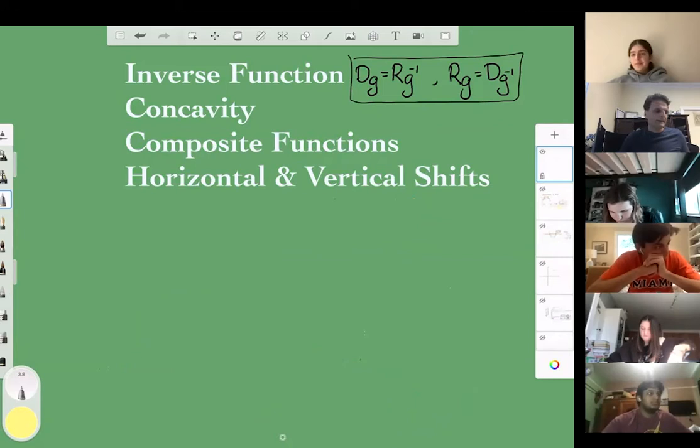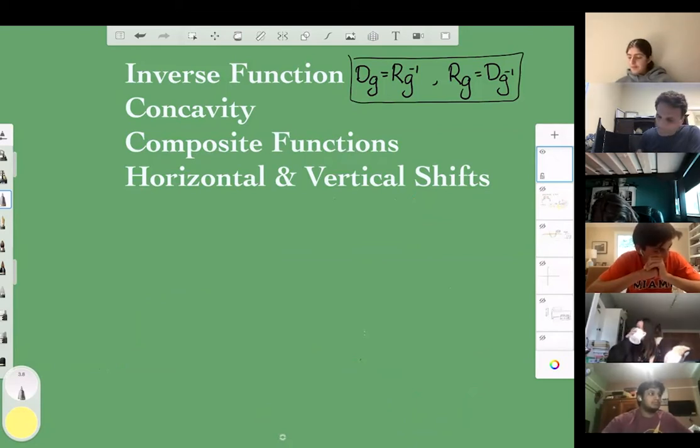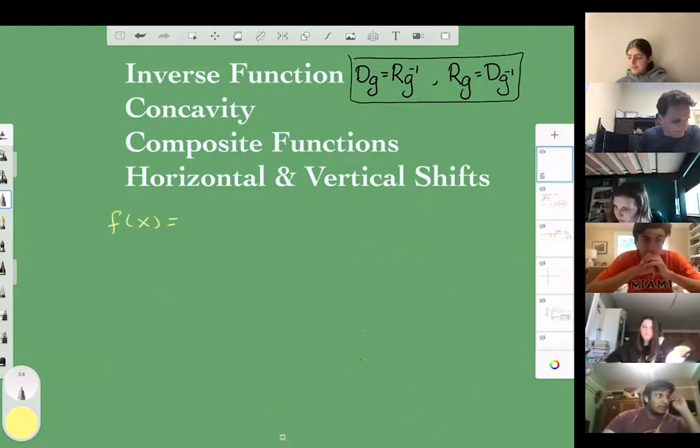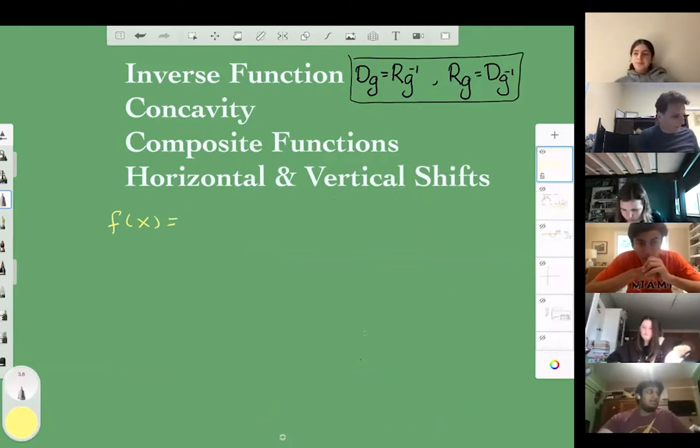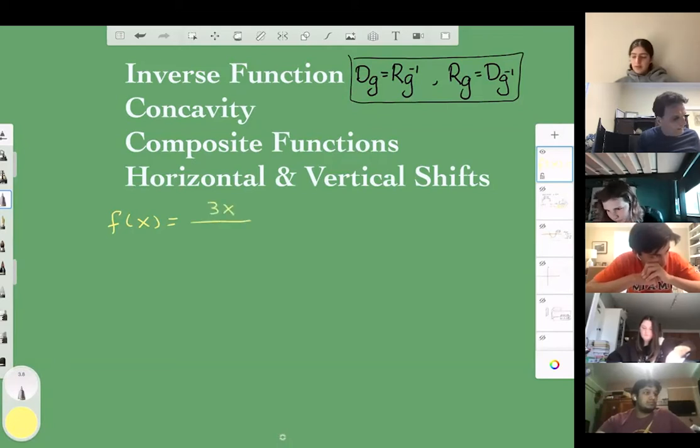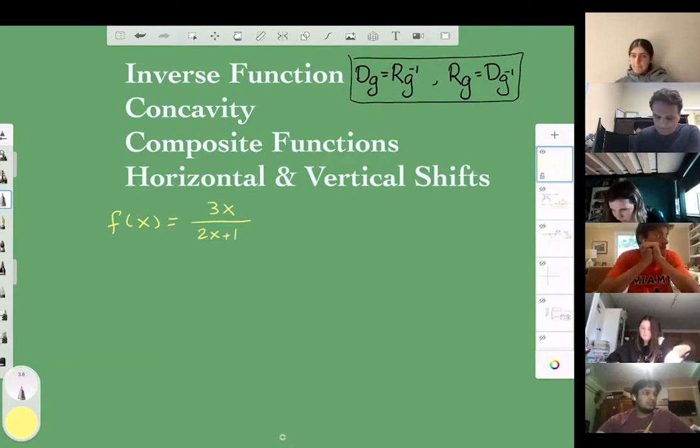Let's have one more question. f of x equal to, let's pick a good one. 3x over 2x plus 1. All right, this is great.